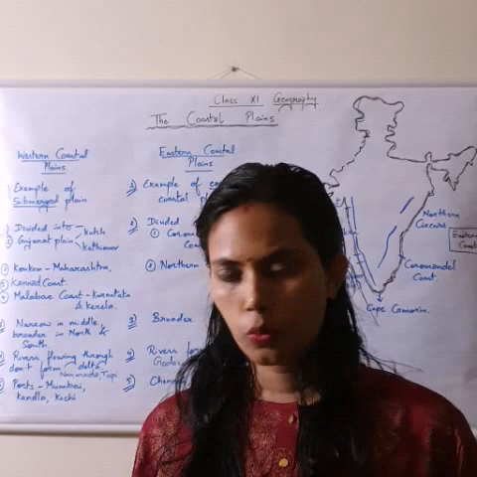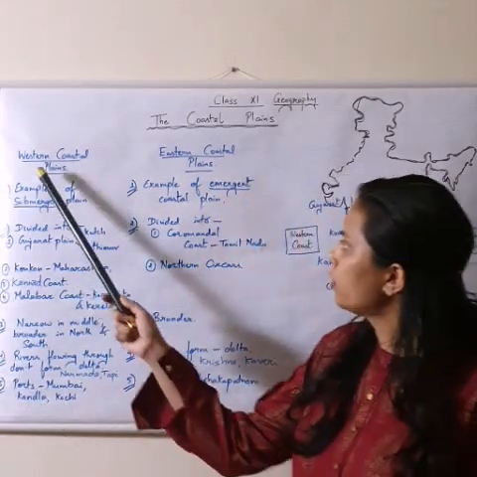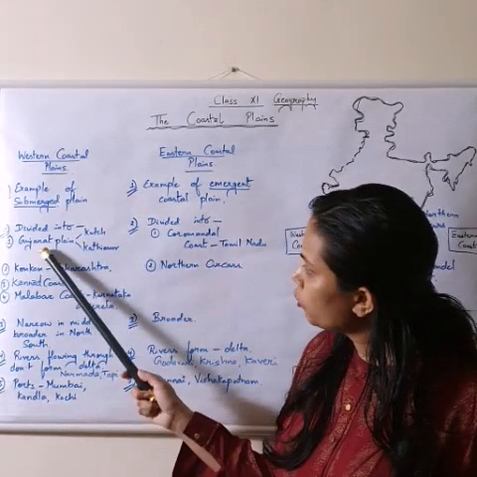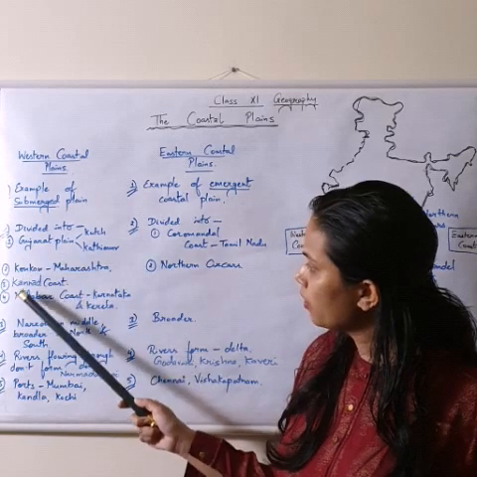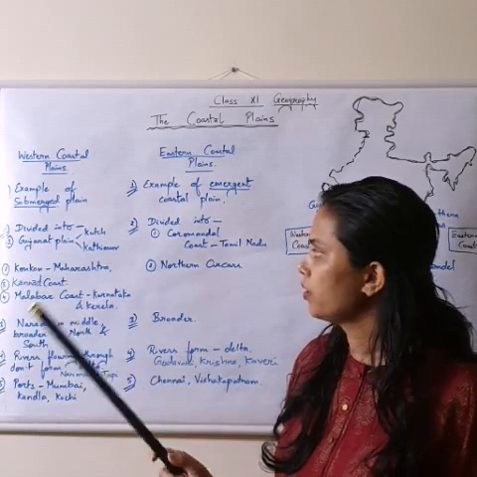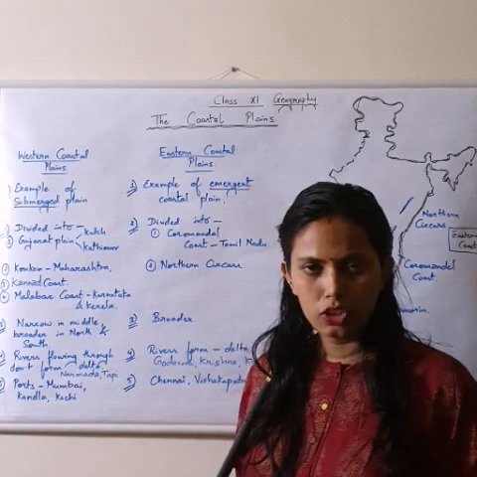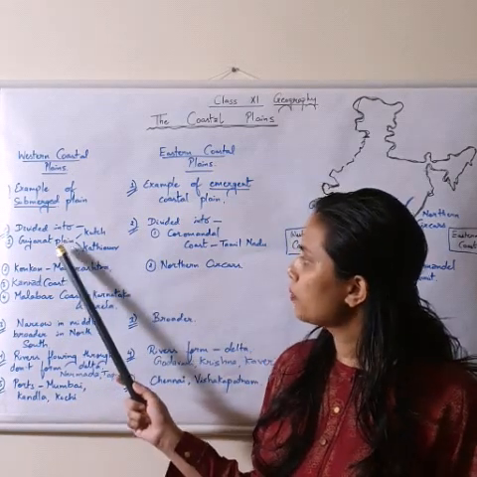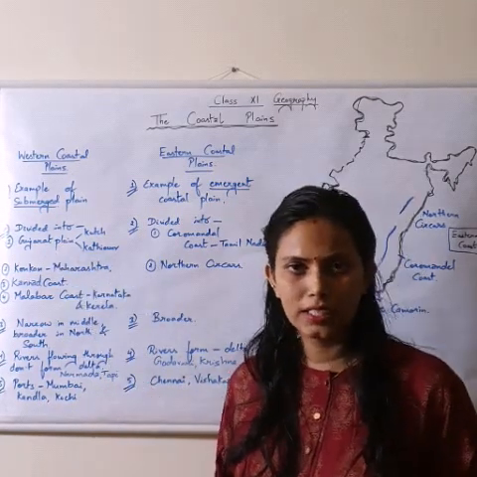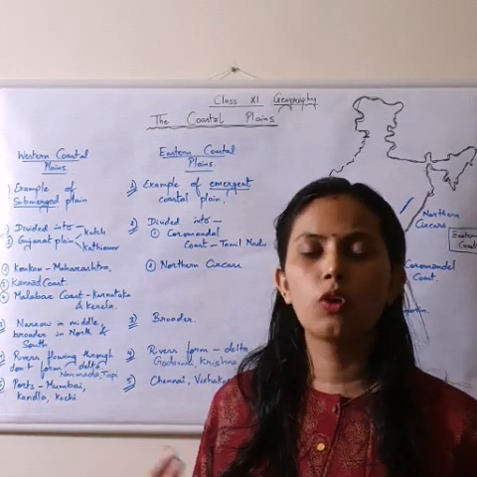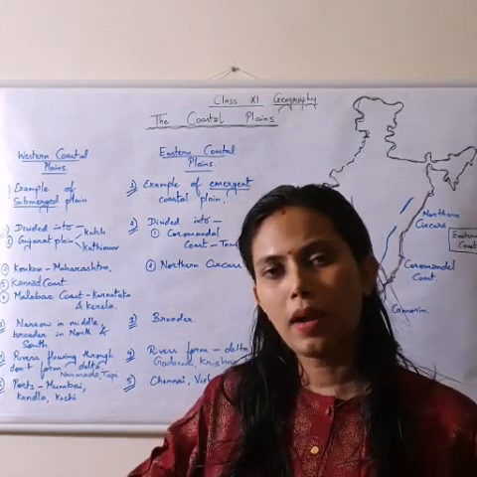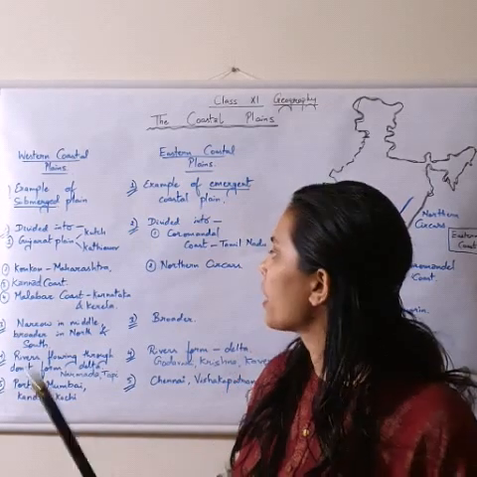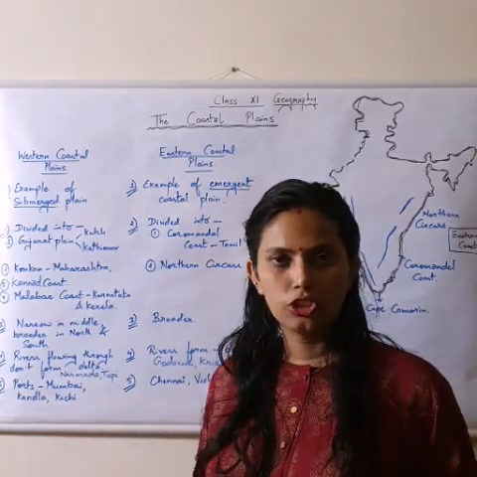Next difference between the two is the western coastal plain is divided into Gujarat plain, Konkan, Kannada, Malabar. It has 4 subdivisions. Gujarat plain is where the state of Gujarat is. The Kutch region of Gujarat, the Kathiawar region, that part is called the Gujarat coastal plain. Next is Konkan, where Maharashtra state of India is.